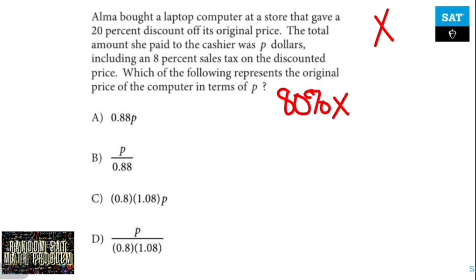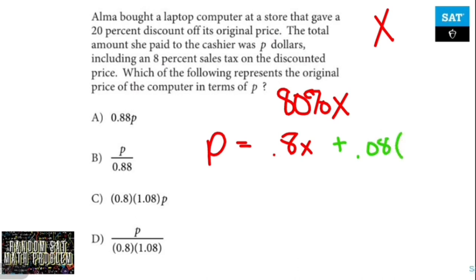So we will say that the price we paid is going to be 0.8x. On top of that, you have to pay sales tax, which is 0.08 because 8% is 0.08, of that 80%.